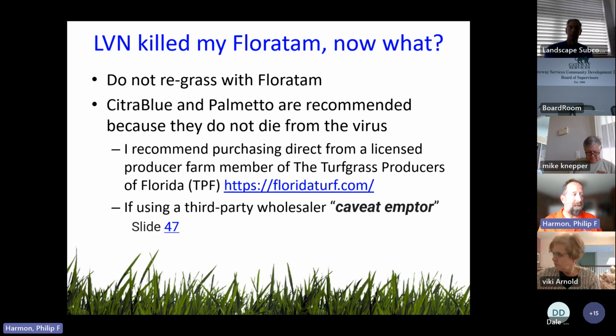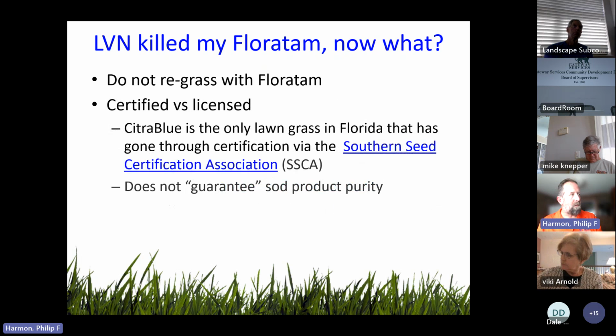And if they can't provide that, we suggest reaching out to a licensed producer, vertically integrated with an installer, and purchase sod that will not die and have to be replaced the second time because it's a different genotype than Floratam. And so, there are many options available. These two that we're talking about, Citra Blue and Palmetto, have performed very well for us in different situations.